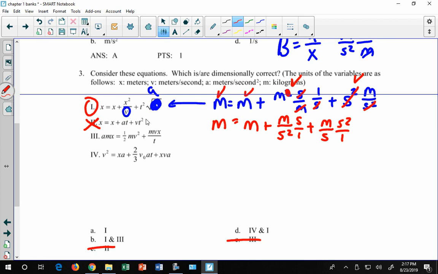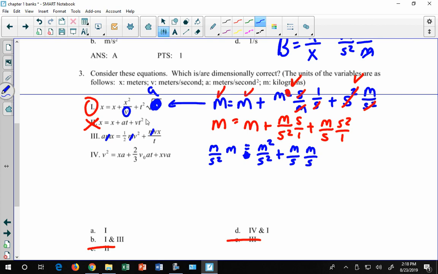On this next one, I want you to notice that I can get rid of my m's all throughout. That helps me a little bit. On number 3, I have meters per second squared, meters, or equals rather, meters per second, but then that's squared, v squared, so it's meters squared per second squared, plus meters per second, that's the x over t.